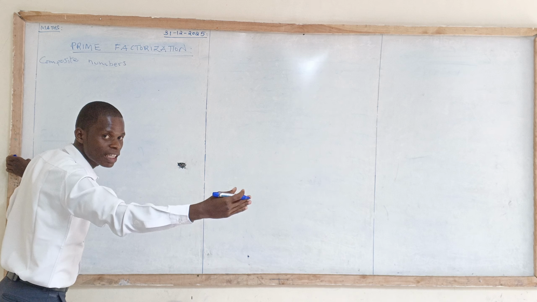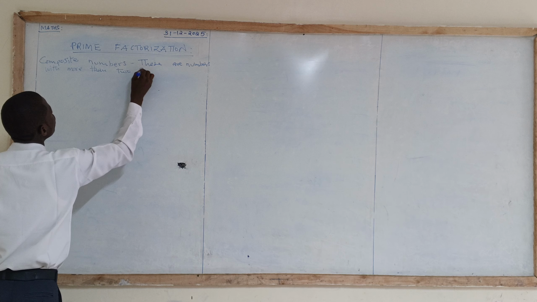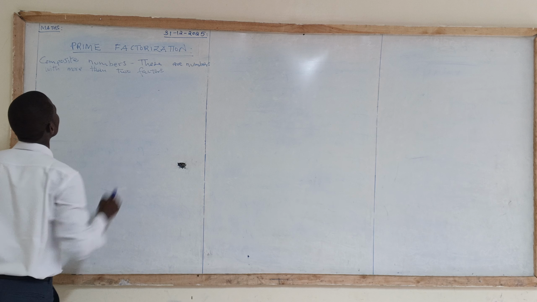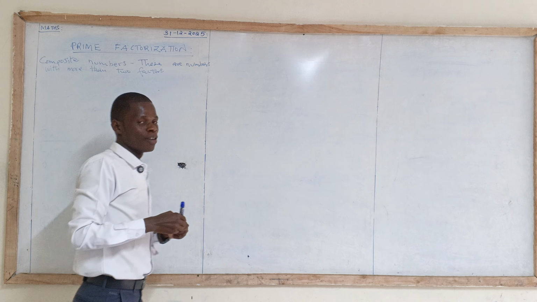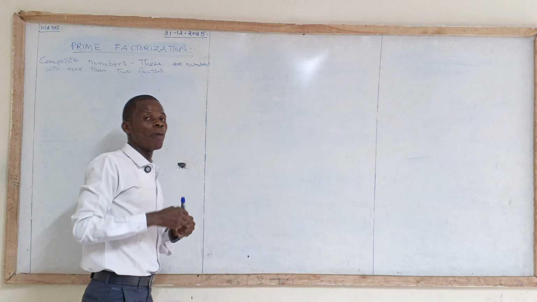Composite numbers. Now, write and say, composite numbers are numbers with more than two factors. So already you know, the opposite of prime numbers is composite numbers.